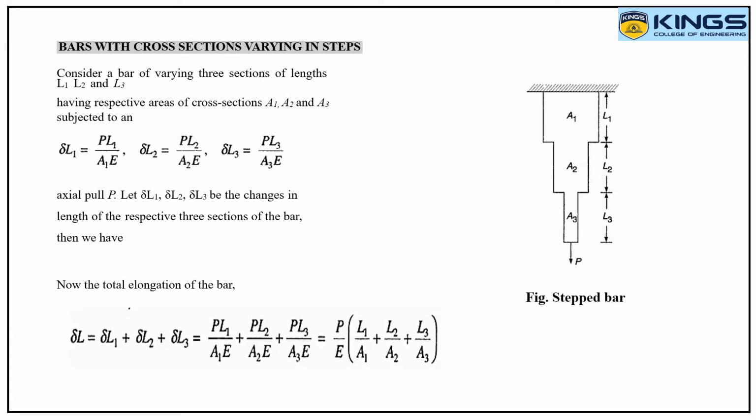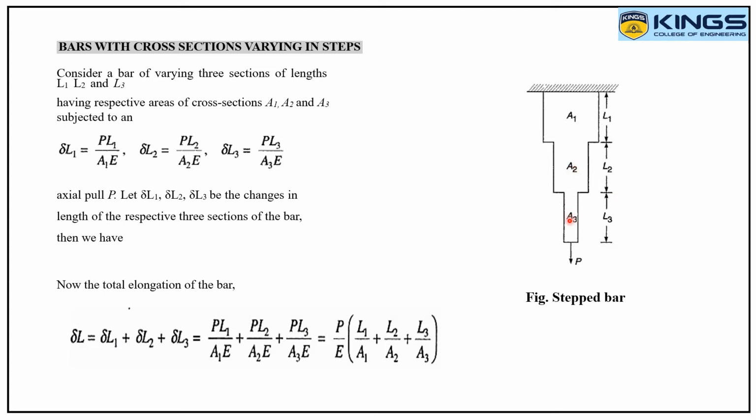Next, if the bar has different cross sections, here we can see this image. It has area 1, area 2, area 3. So the area's dimensions are getting differed, so the cross section will also be different. Consider a bar of varying 3 sections of lengths L1, L2, L3 having respective areas of cross section A1, A2 and A3.